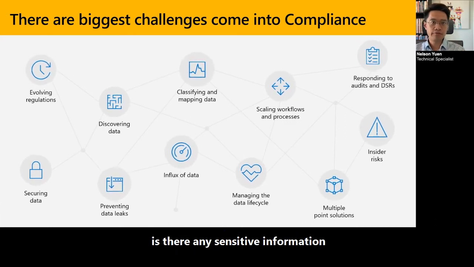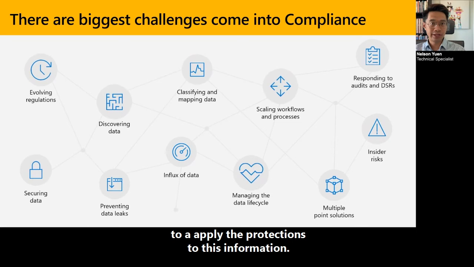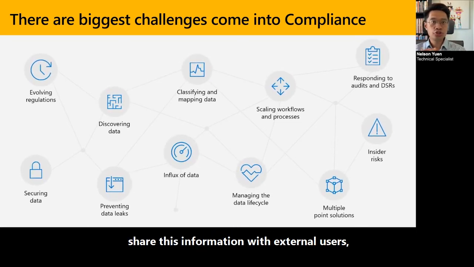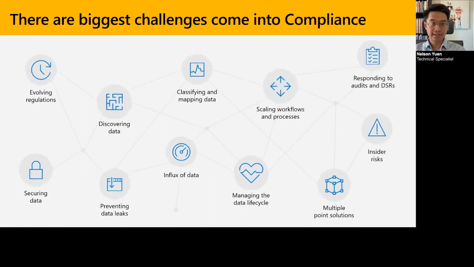Is there any sensitive information contained in this file? So they're going to do a search, right? And they also have a challenge applying protection to this information. At the same time, because they need to share this information with external users, how can they prevent external users from accidentally or intentionally leaking this information out?